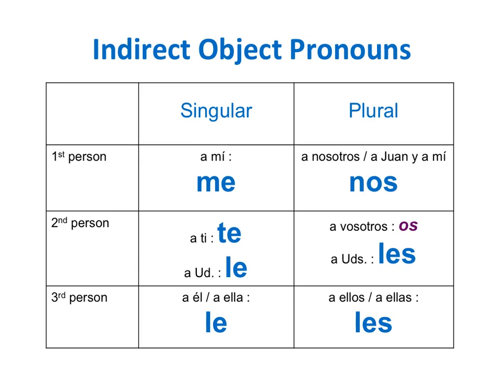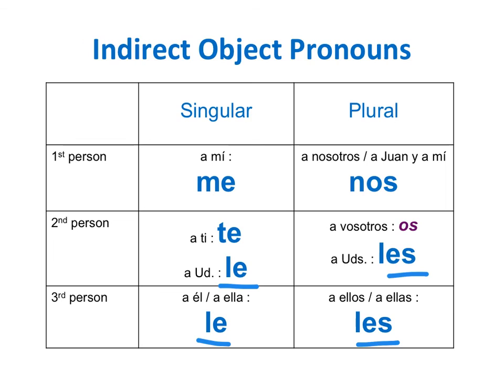They're easy. But what's different then? What's different about our indirect object pronouns and our direct object pronouns? Me is the same as chapter 5. Te is the same as chapter 5. Nos is the same as chapter 5. But what's different now in chapter 6? Le and les. So le can only be an indirect object, and les can only be an indirect object.